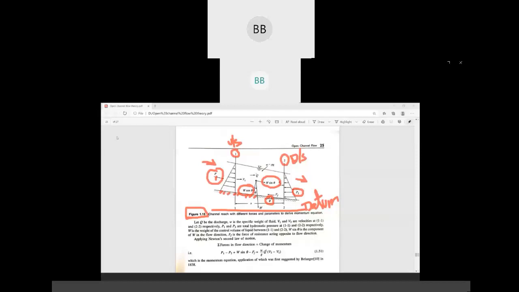Here pressure for section 1 is P1, pressure for section 2 is P2. These two pressures are hydrostatic. So these things we are going to discuss later on in detail.